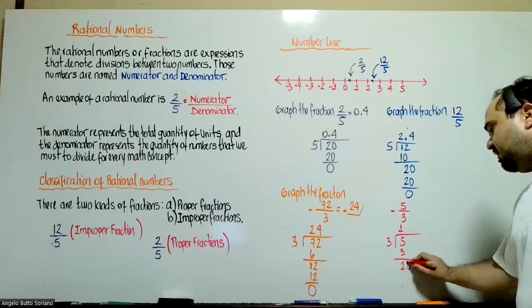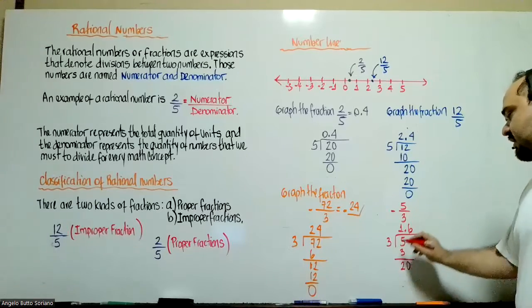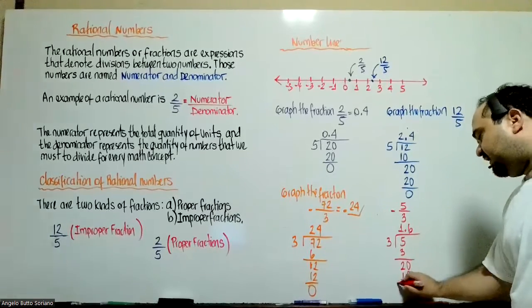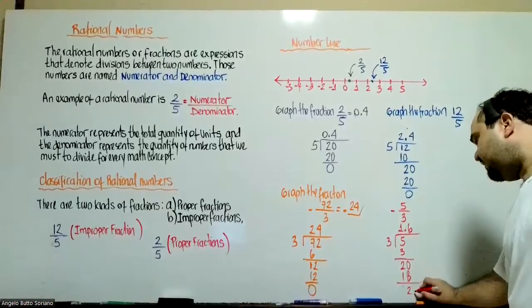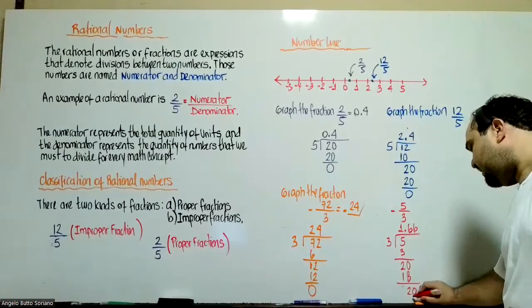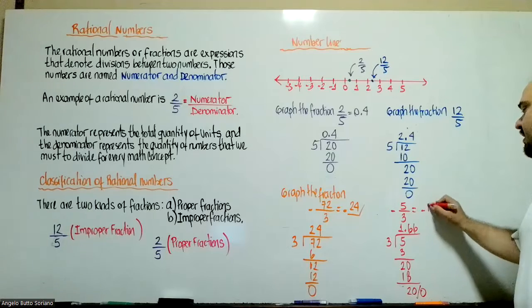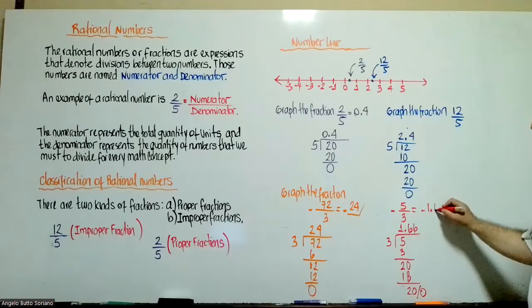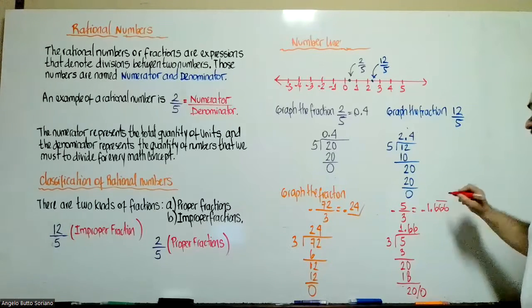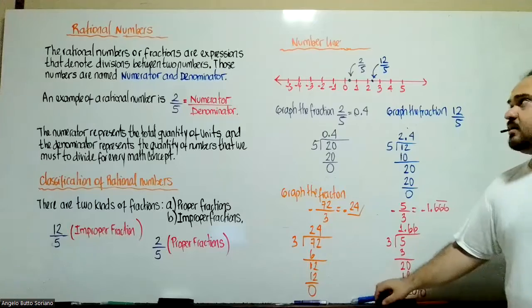We can add a 0 and a decimal point, and we continue: 6 times 3 is 18, we have 2 units, add another 0, another 6, and 20 units, and so on, until we get a decimal number whose decimals repeat in the same period: negative 1.66666.